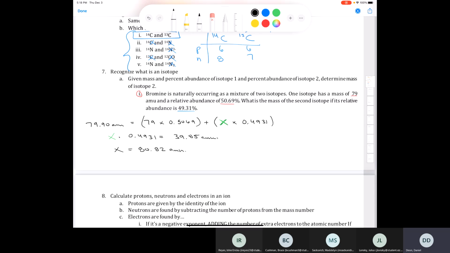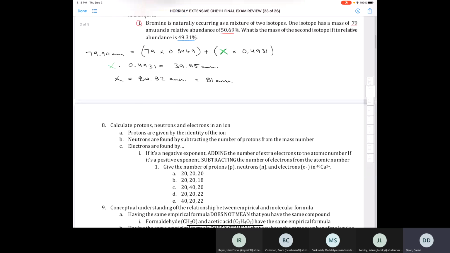Now, since I only have 2 sig figs here, I guess I should only have 2 sig figs in my final answer. So that would mean that it's 81 AMU, which is correct. Okay, so 81 AMU. Anyhow, there we go.